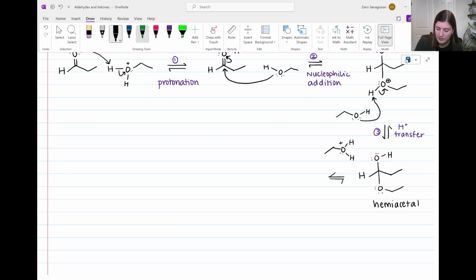The oxygen from the OH group will get protonated from the protonated solvent. So here's step 4, another proton transfer.